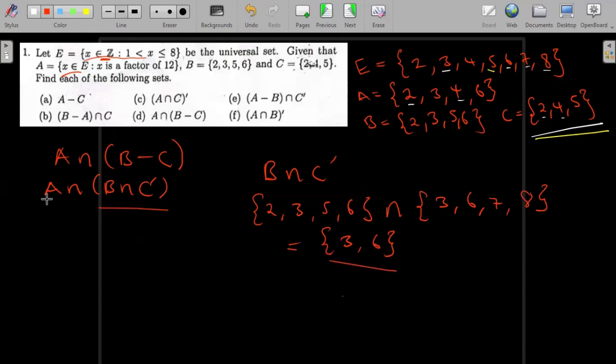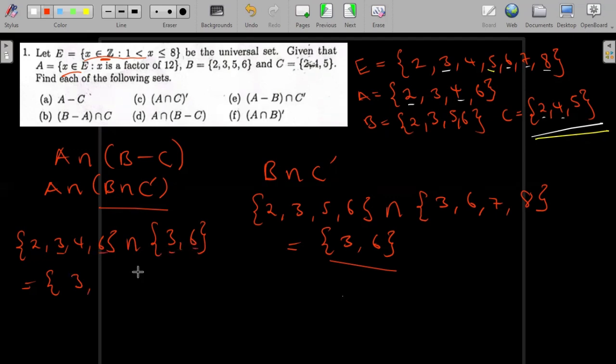Then I intersect it with the set A, which consists of the elements 2, 3, 4, and 6. Then I intersect it with that set, which is 3 and 6. If I check what elements are common in both of these sets, there's 3 there, there's also 3 there, so I write 3 here.